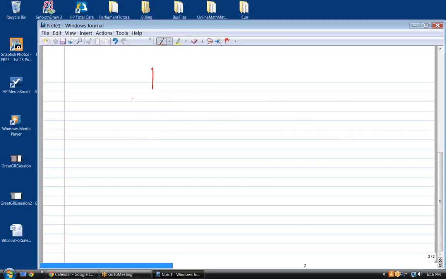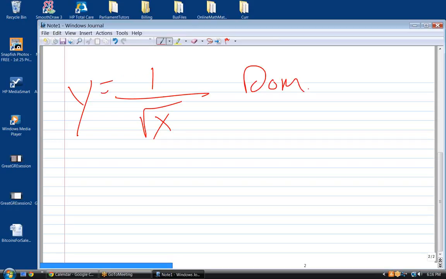Now, tell me this, domain. Well, it's inside of a radical, so what would that make it? Positive. So I could say x is greater than or equal to 0, but I'm dividing by this thing.